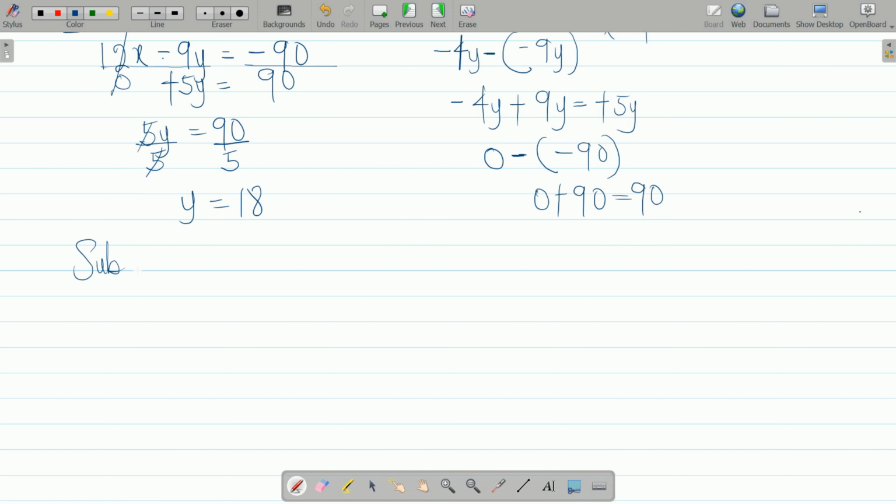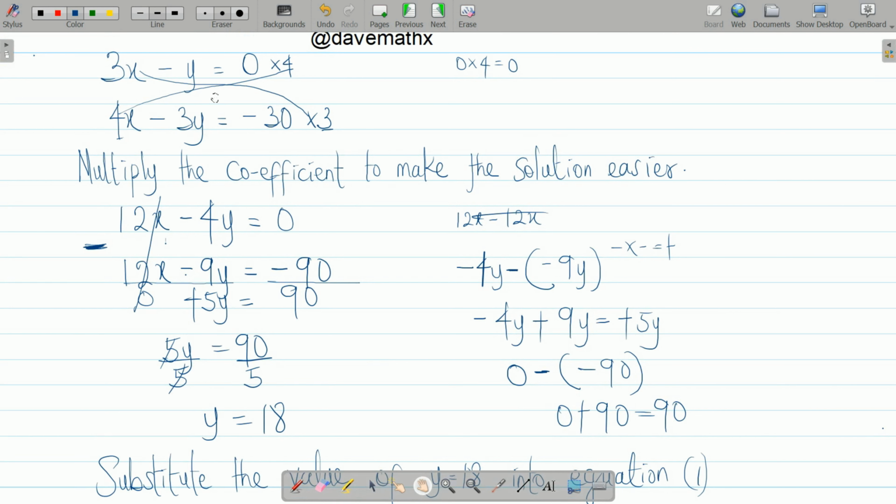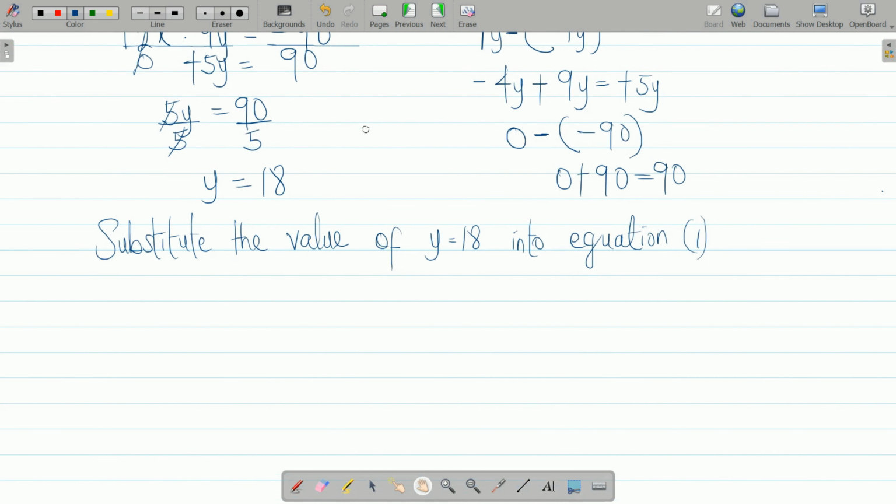Now we can substitute the value of y into any equation of our choice, but I'd prefer equation 1. Equation 1 is 3x minus y equals 0.